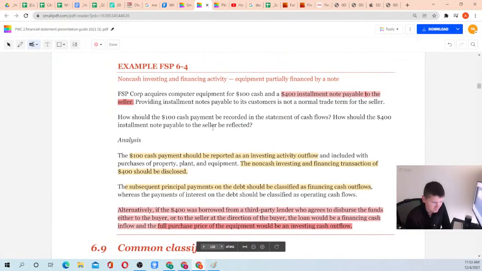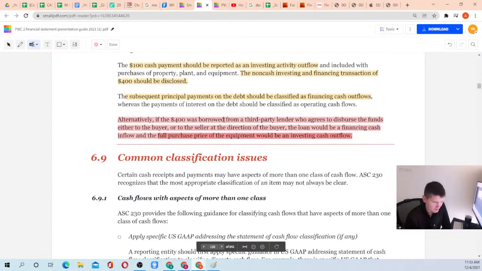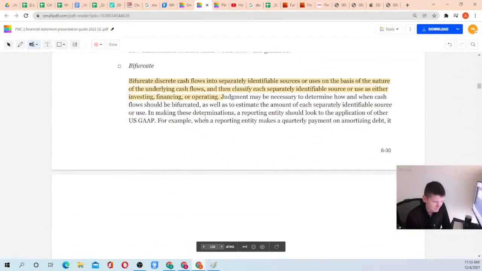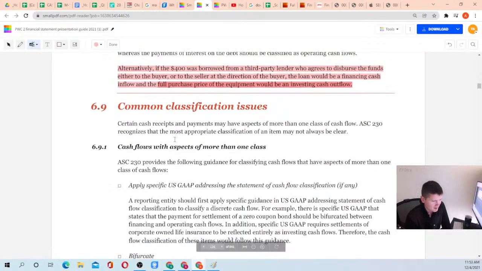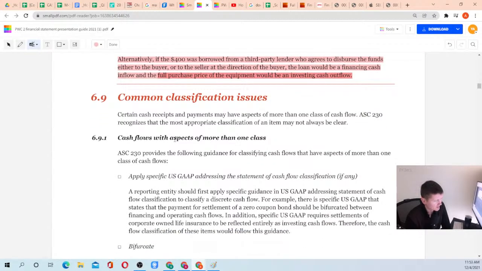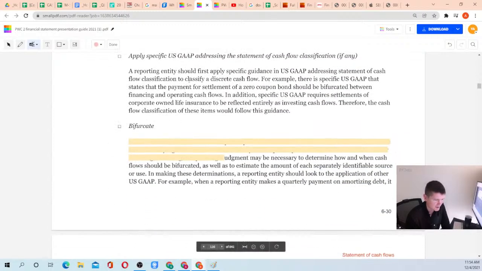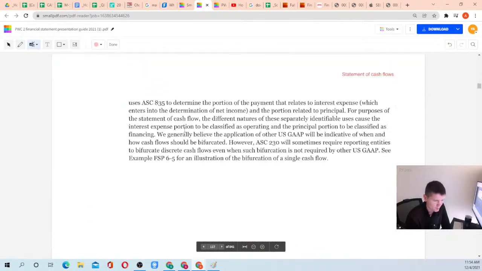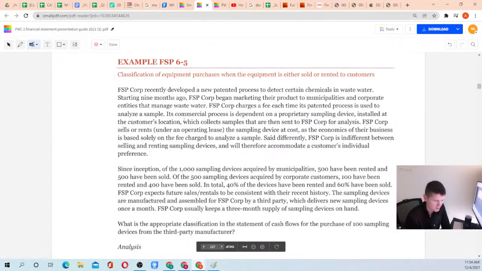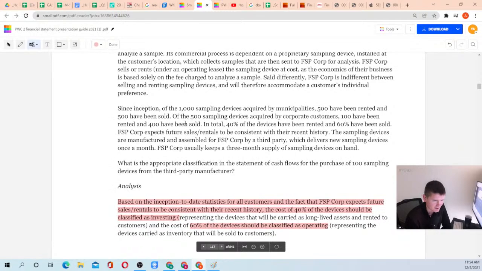So let's see, installment note. And we might run into situations when we have a cash outflow, but the substance of that cash outflow is mixed. It can be a bit of operating cash flow and a bit of investing cash flow. And there the guidance is a standard which will help us to determine which one we shall use for that case.